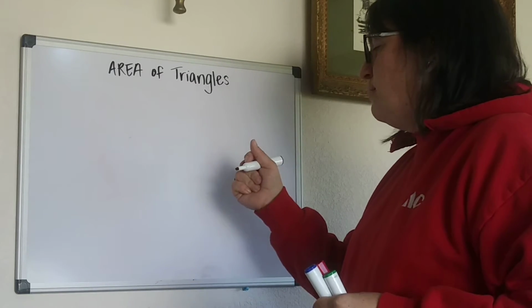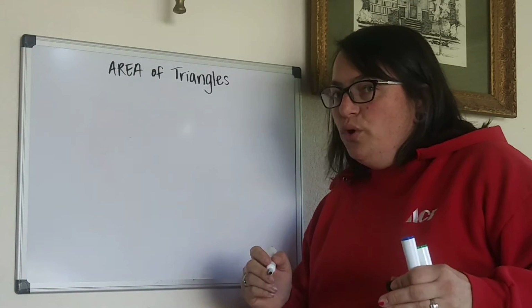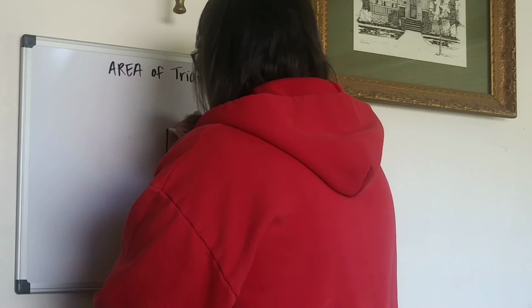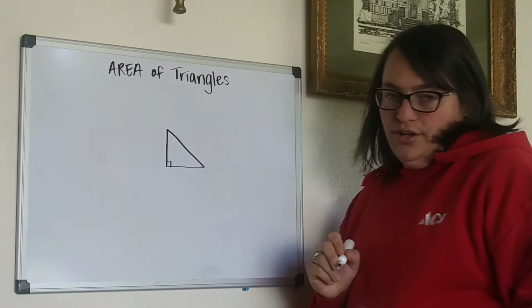So let's first just talk about how triangles are related to parallelograms, okay? So let's say, and I'll pick kind of an easy shape, like a right triangle. So there's a right triangle, right?